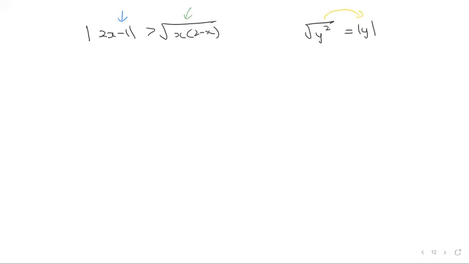But equally useful and equally forgotten by many students is that the absolute value can be expressed as a square root of something squared. So I'll immediately change this to the square root of 2x minus 1 all squared. And then immediately the square roots disappear.